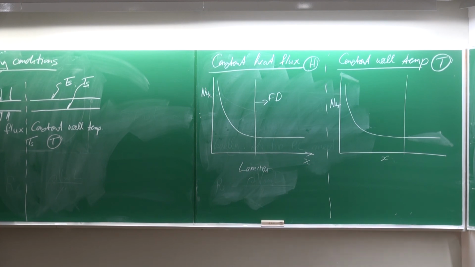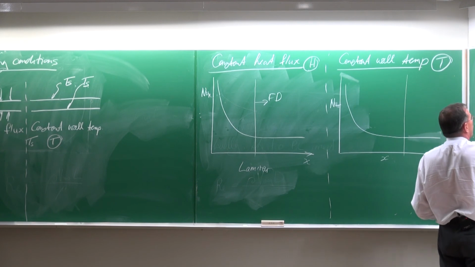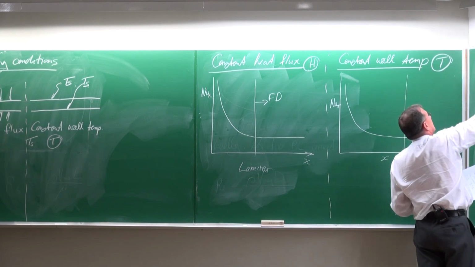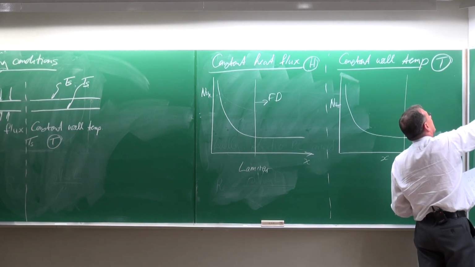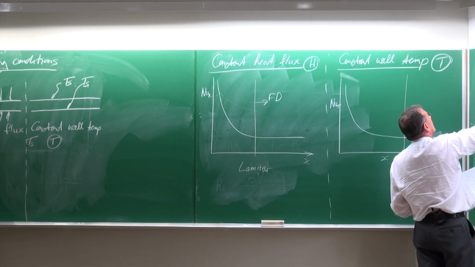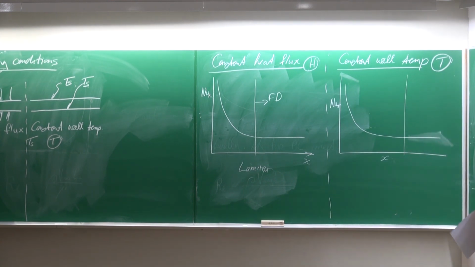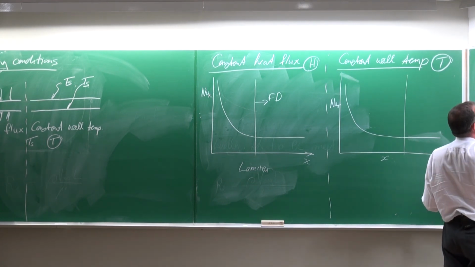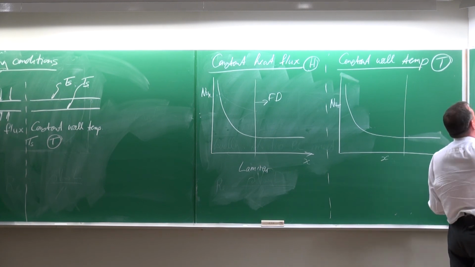Well, many students, if they look at the graphs in the textbook, do not realize it when they look at it. But if you go and plot these two values now on the same graph, so it is Nusselt H and Nusselt T, the one for constant heat flux and the other one for constant wall temperature, then you're going to see they do something like that.